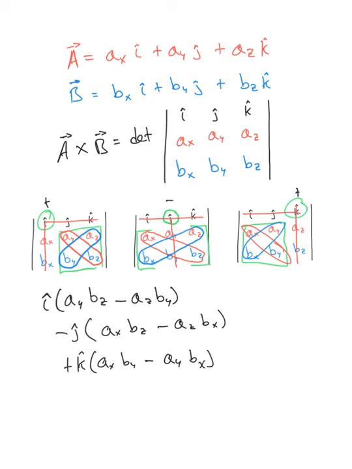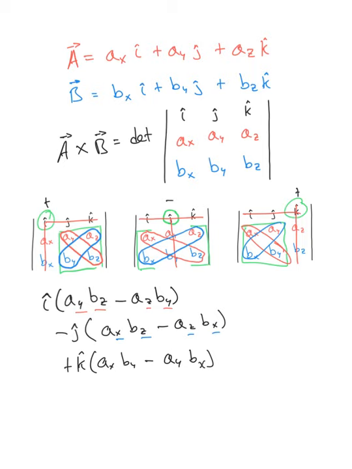Another thing to note is that the i hat component contains only Y and Z components of the A and B vectors. Likewise, the j hat contains only X and Z components of the A and B vectors, and likewise for k hat.